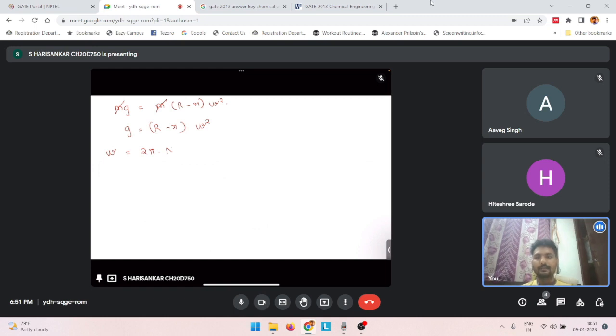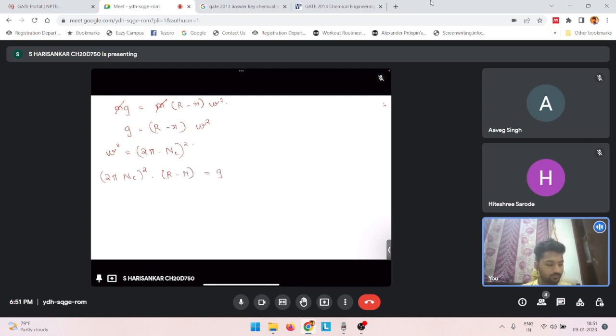Since we are mentioning critical speed, omega is equal to 2 pi into Nc, where Nc is the critical speed. So omega square will be 2 pi Nc the whole square, and 2 pi Nc the whole square into (R minus r) will be equal to g.